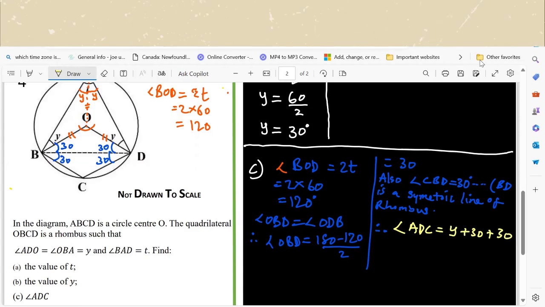Angle ADC will give us 30 plus 60 there, and that gives us 90 degrees. So angle ADC is equal to 90 degrees.